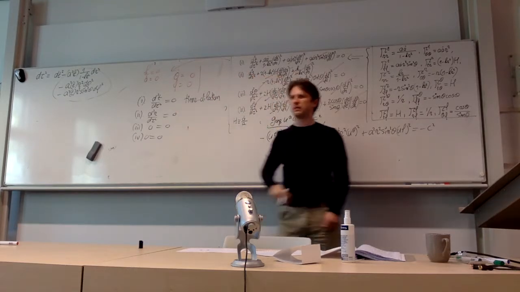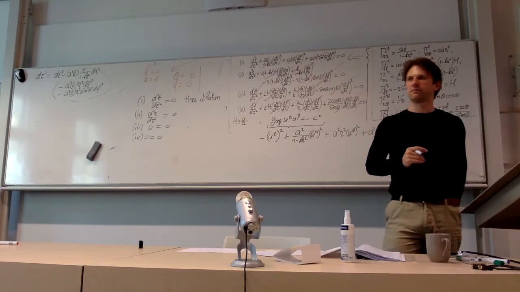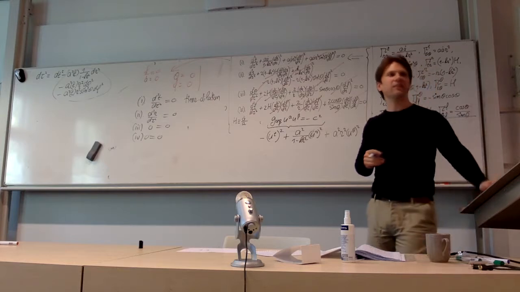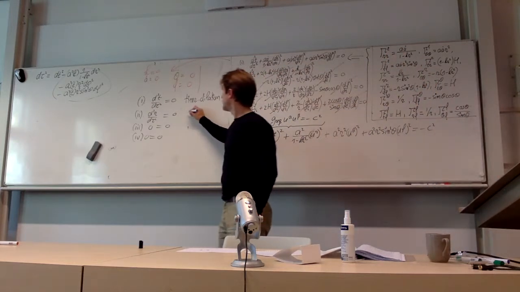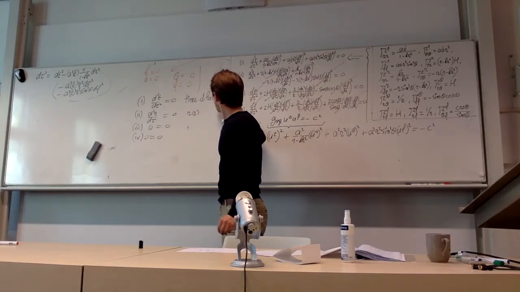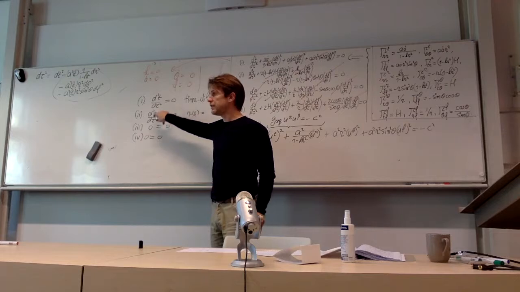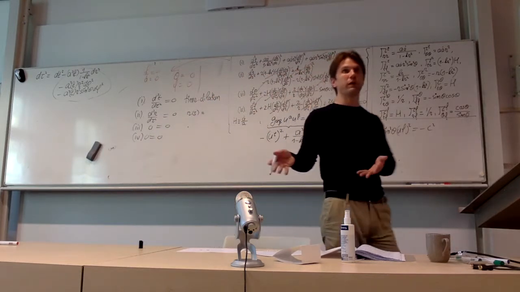What does this one say? The second derivative of r with respect to tau is 0. What does it say about r? Constant length. One possibility is indeed that r itself is constant. That just means something is not moving on the space-time.